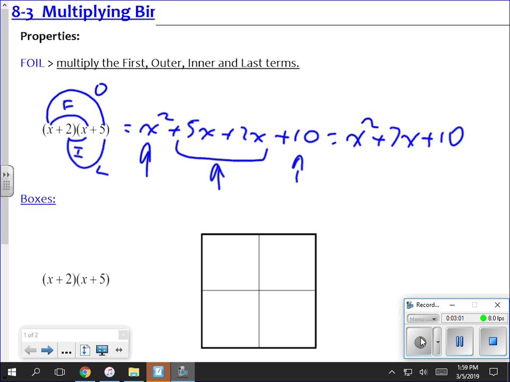A little bit of foreshadowing. We are going to be working, soonish, I think next week, going the other direction. We're going to go from x squared plus 7x plus 10 to x plus 2 times x plus 5. The better you are at multiplying this way, the better you're going to be at factoring going the other way.